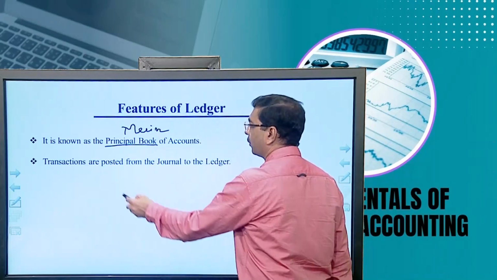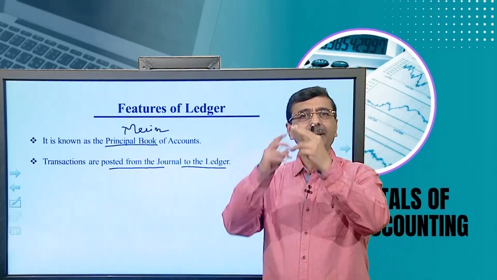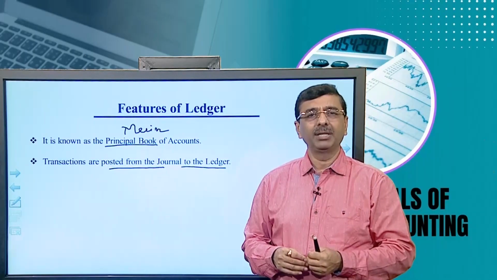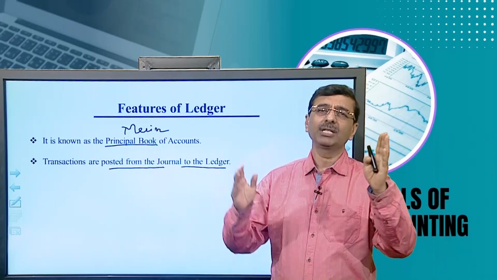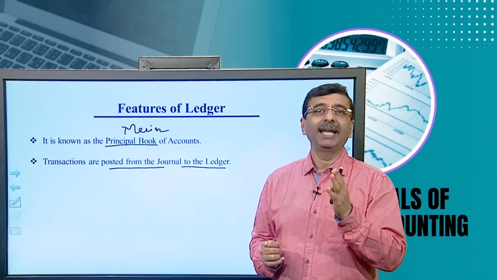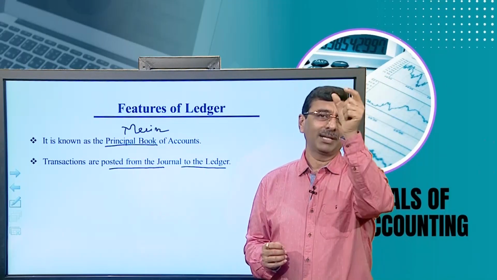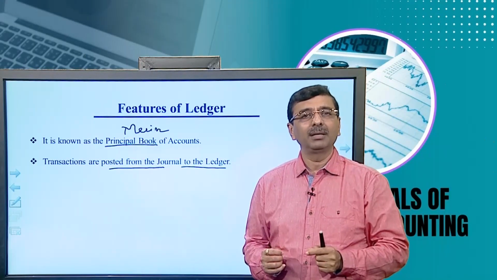Transactions are posted from the journal to the ledger. As I told you, when we prepare journal entries in the journal book, the format of the journal book is date, particulars, then LF. LF is the ledger folio number. Why do we prepare the LF column in the journal book?